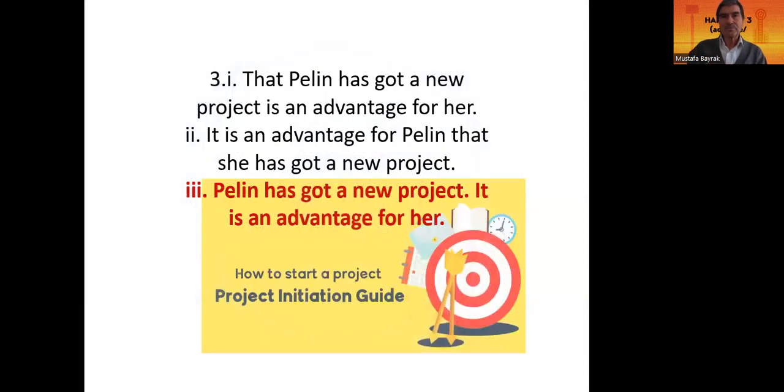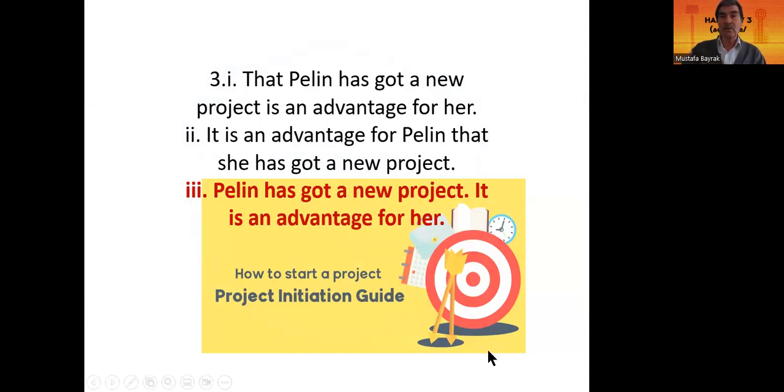Roman number 1. That Pelin has got a new project is an advantage for her. Or it is an advantage for Pelin that she has got a new project.